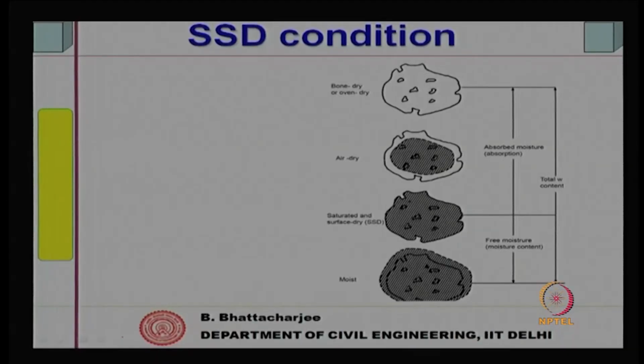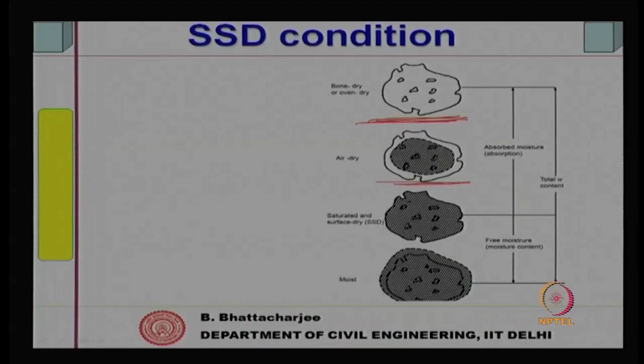So, surface dry and water inside, that we call saturated surface dry condition, and it is the standard condition that is used for moisture content of aggregate in concrete production as well as mix design. This illustrates what is SSD condition. This is bone dry, fully oven dry situation, there are pores, no water.